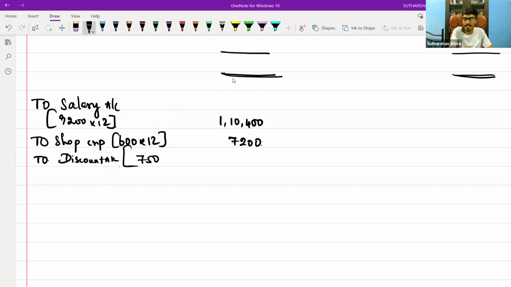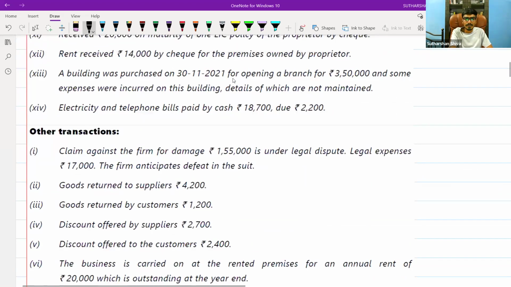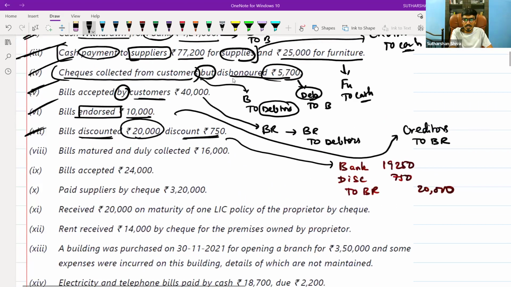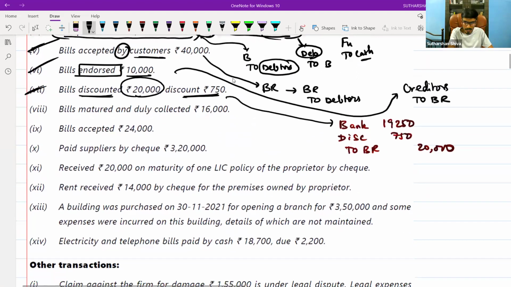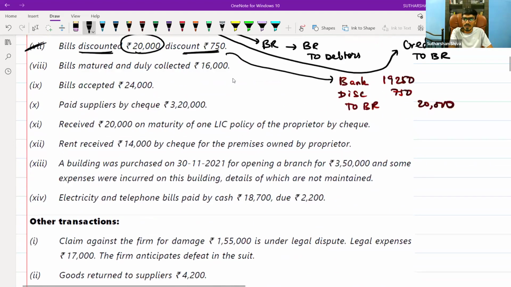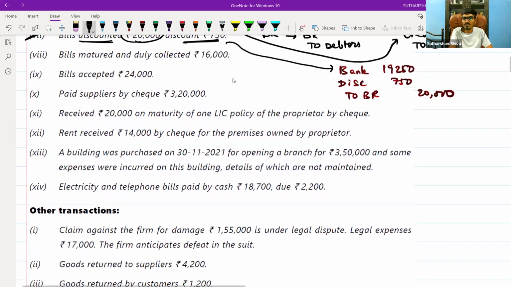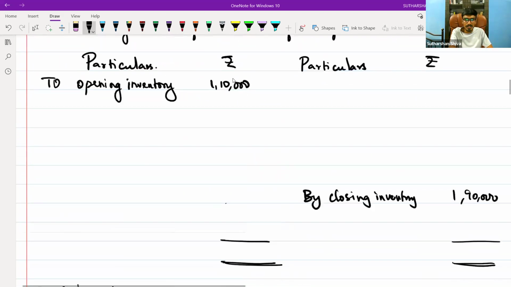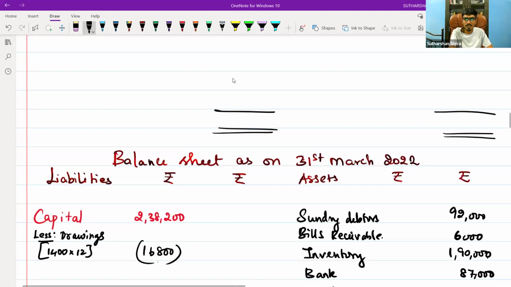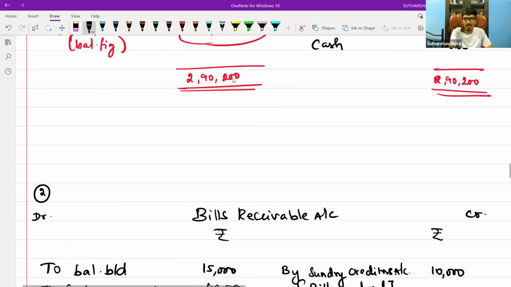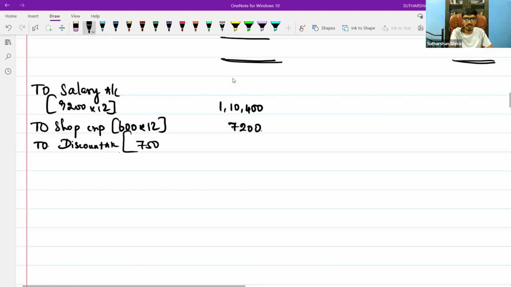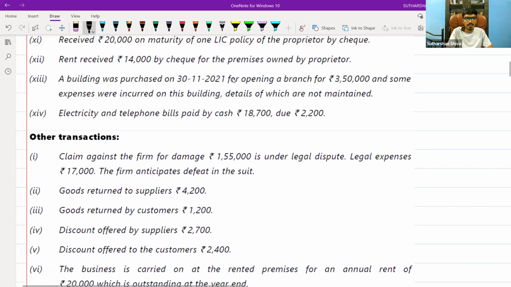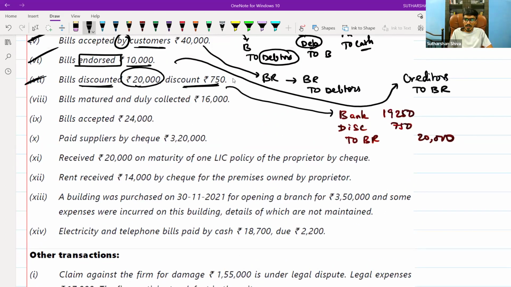In this question it is there. Then all the accounts are affected. Bank account I have done, discount is done, bills receivable account I have posted. Yes, I have posted it. Now sixth is done. Sorry, seventh also we have done.